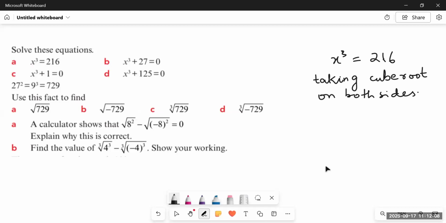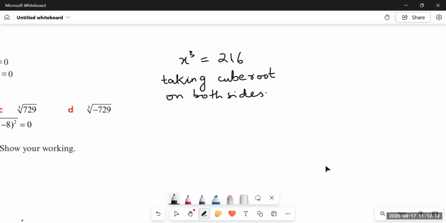Since we know that 216 is equal to 6 cube, it's the cube of 6. 216 is equal to 6 multiplied by 6 multiplied by 6. So in place of 216, I can write 6 power 3. I will write x cube is equal to 6 cube.